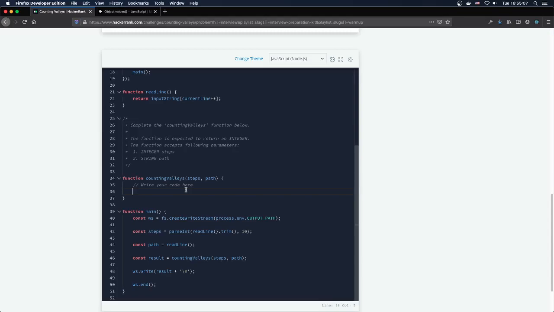But you could also probably have some sort of increment where anytime you go down below sea level, since you have to end at sea level, you know that you've hit a valley.